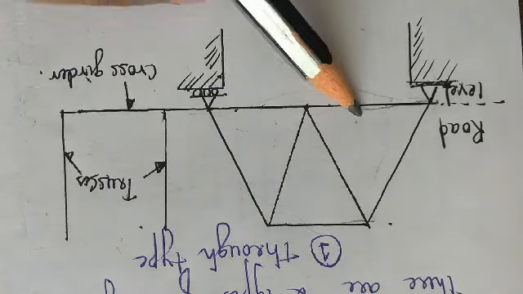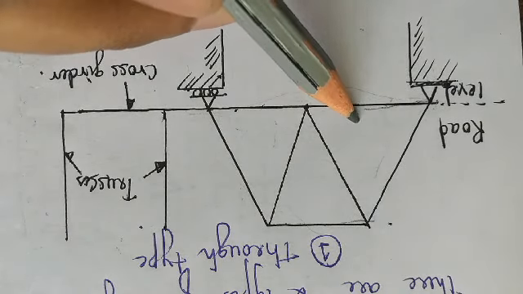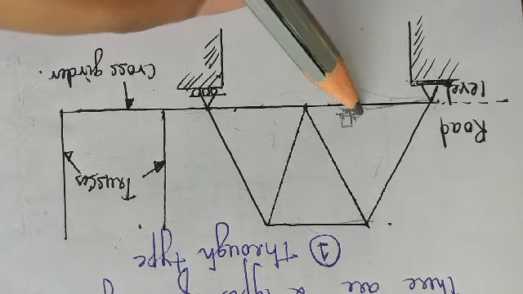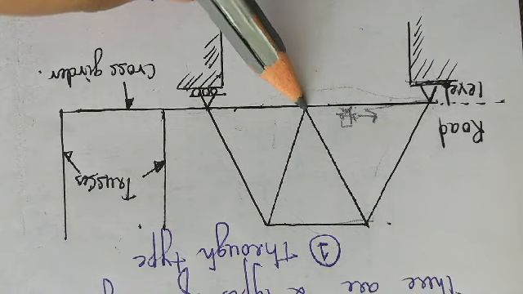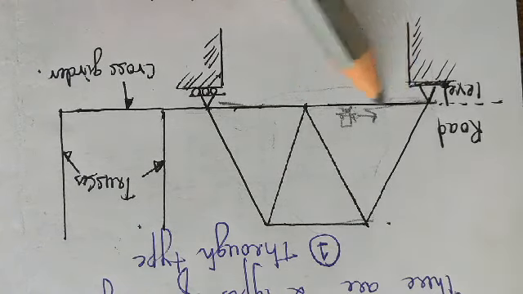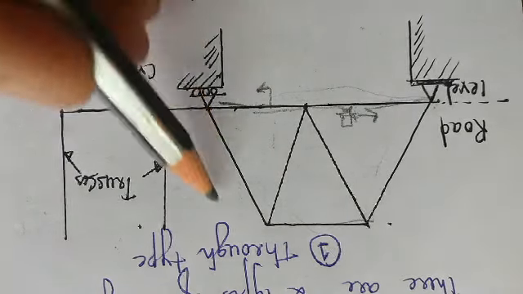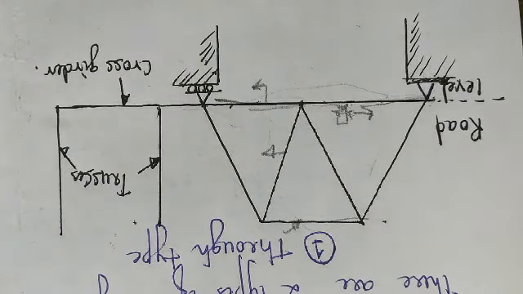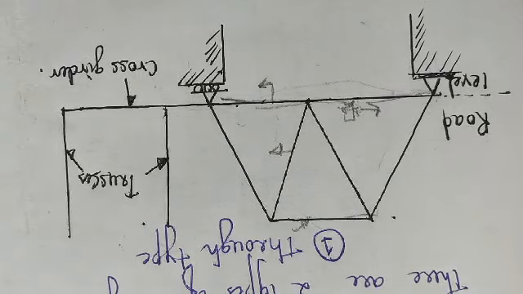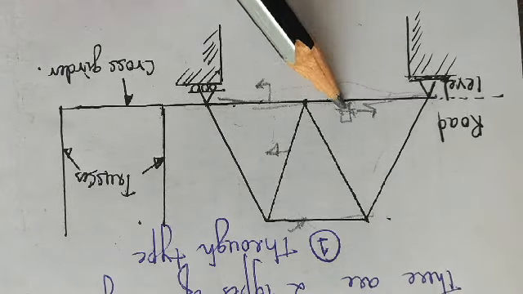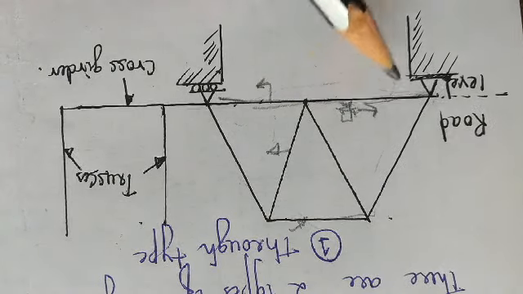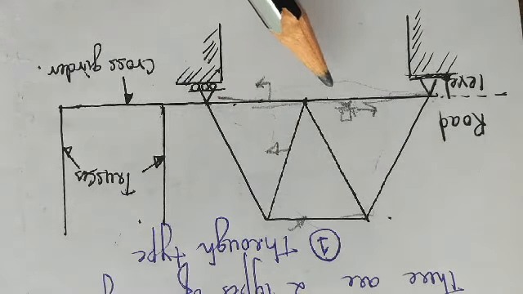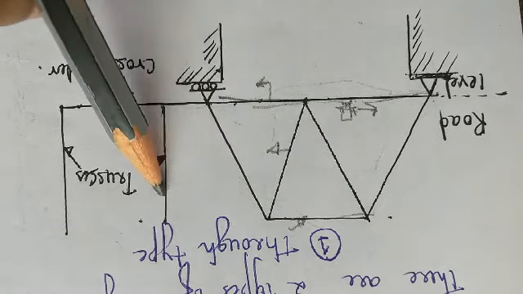Suppose this is a vehicle. Now this vehicle is moving at the bottom chord members. These are called the bottom chord members, these are called the top chord members, and these are called the inclined members. When this vehicle is moving at the bottom chord member, that type of truss bridge is called through type.